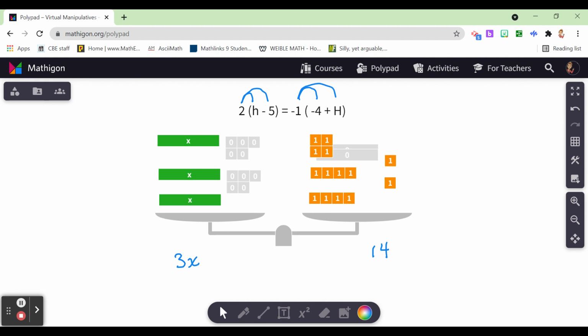And you're technically dividing, so you're grouping it into 3s. So I end up with x is equal to 14 divided by 3, or it's going to end up being x equal to 4 and 2/3. Each group is going to get 2/3. All right. Cool. I hope that helps.